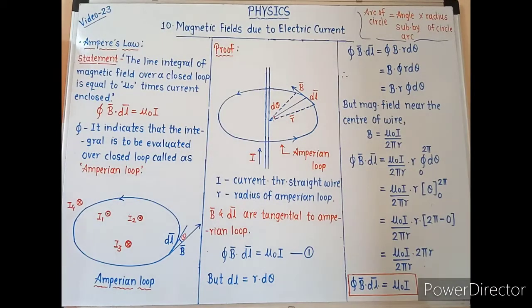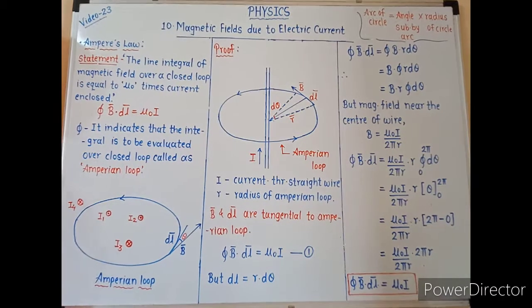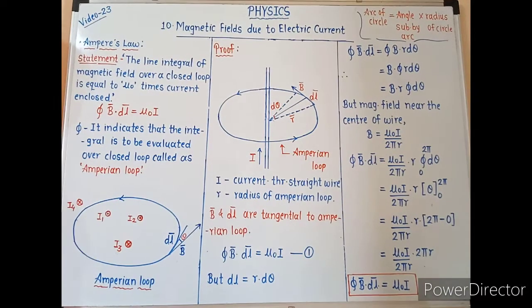Now this Amperian loop consists of cross sections of 4 straight long wires carrying currents I1, I2, I3 and I4.